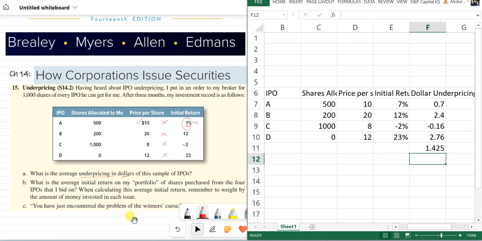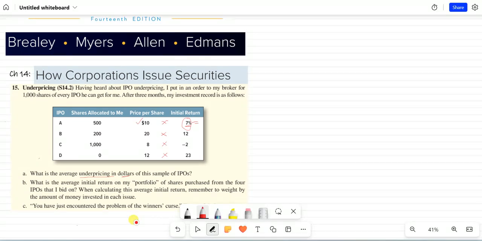Let's get to our second requirement. What is the average initial return on a portfolio of shares purchased from the 4 IPOs that I bid on? When calculating these average initial returns, remember to weight by the amount of money invested in each share. So next we have to calculate the portfolio returns.